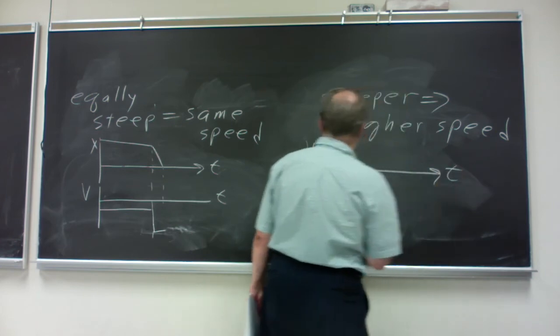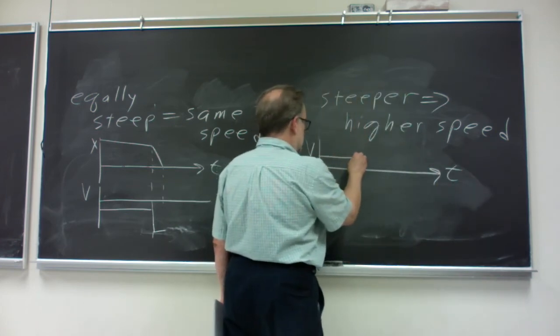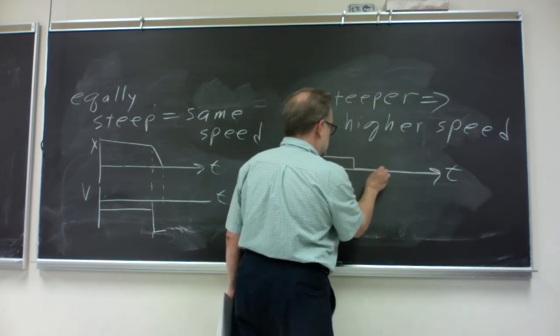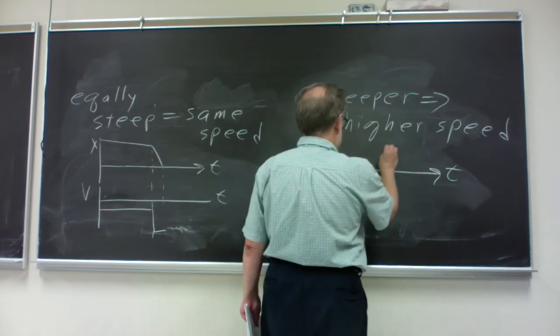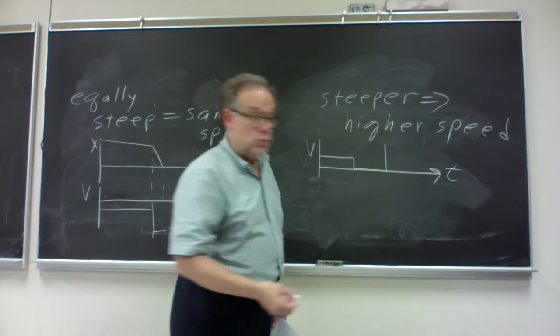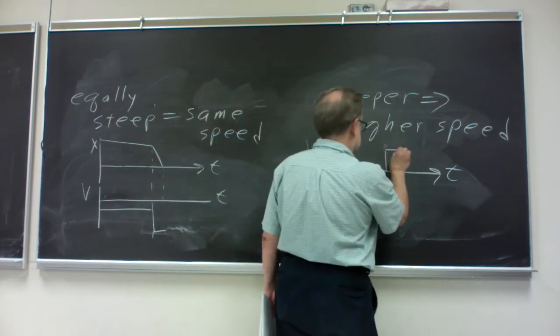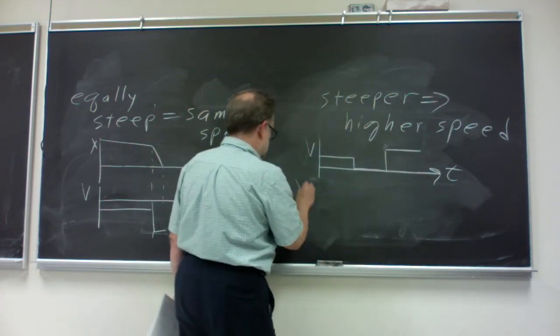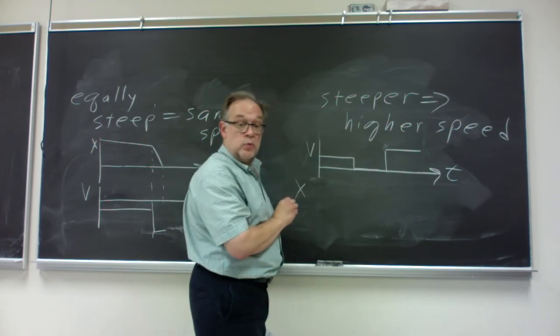All positive velocities in this case. So some velocity for a while, and then zero velocity for a while, and then another velocity twice as big as the first one. And then what kind of position graph would we get then?